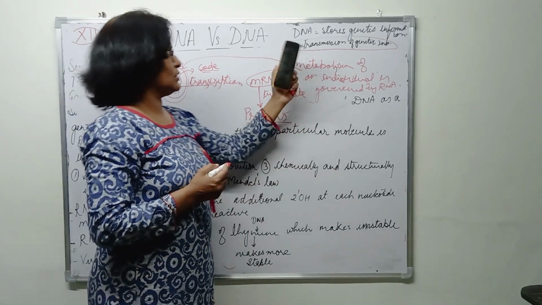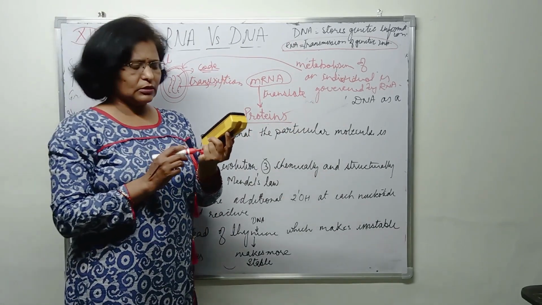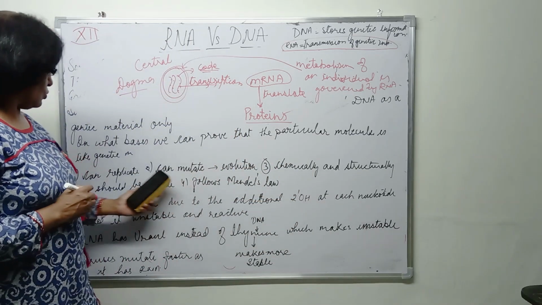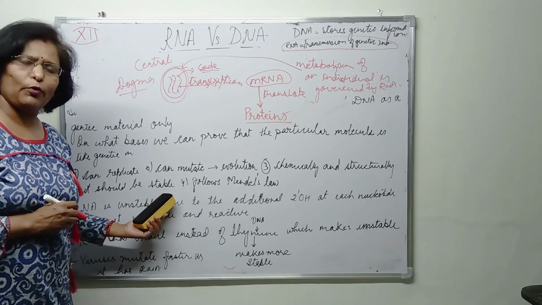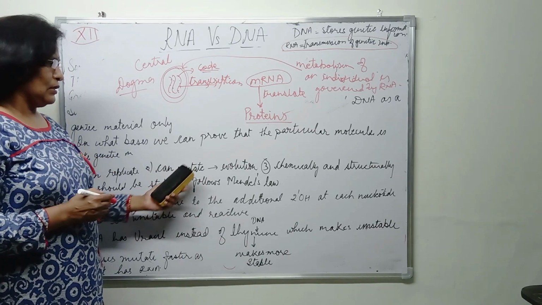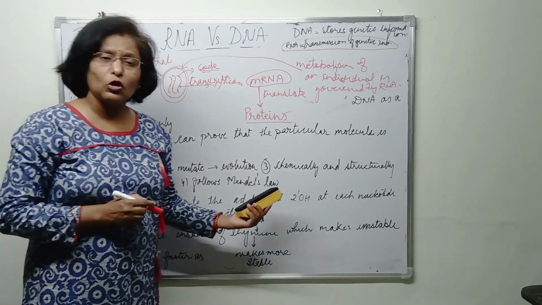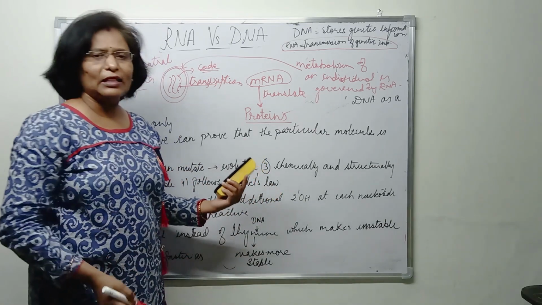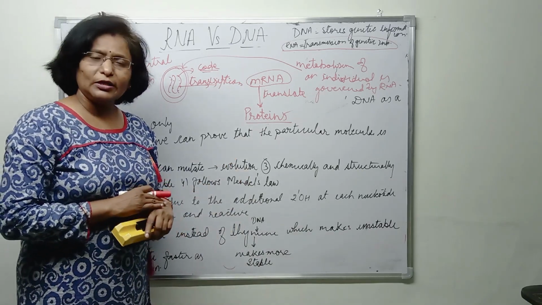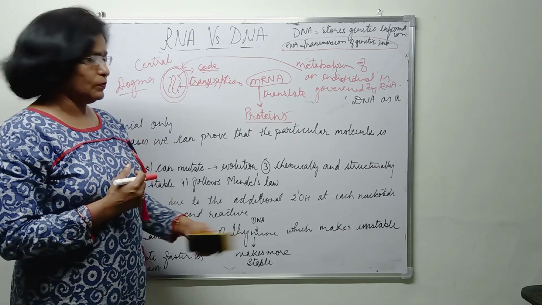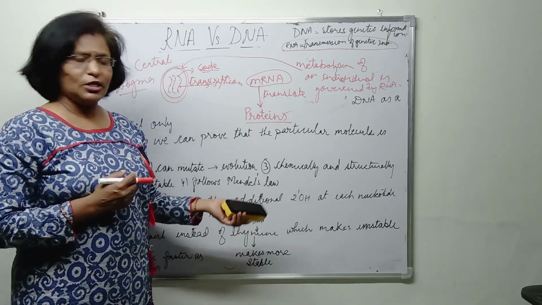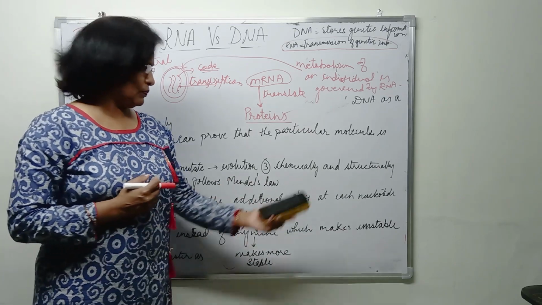So in this way we can say that DNA is a genetic material because it shows 4 different points. It has the ability to replicate. It has the ability to mutate also, not along the entire length, but at certain regions it has the possibility to mutate or change its codon, which leads to variation and evolution.